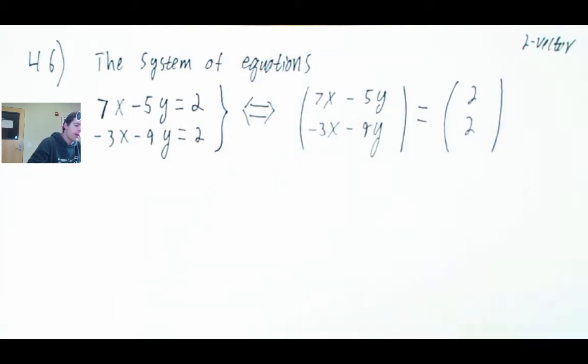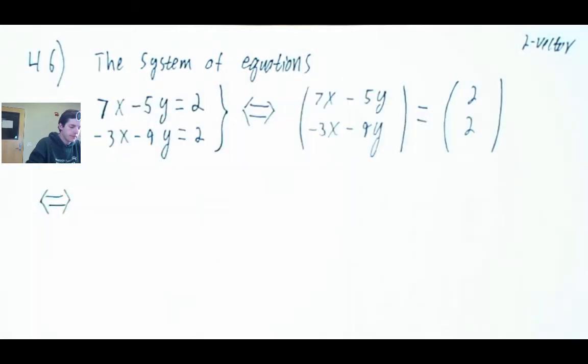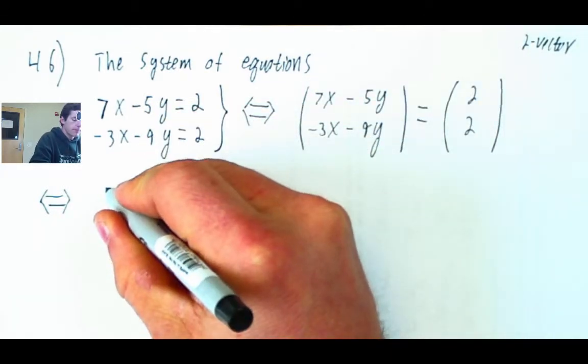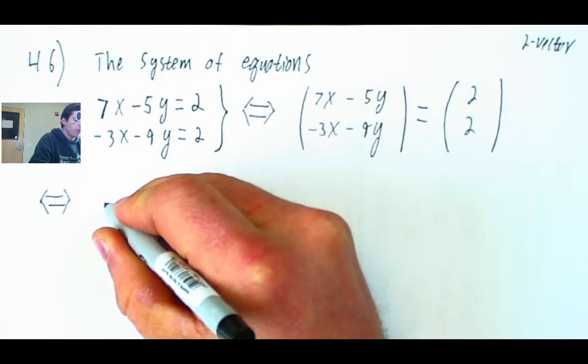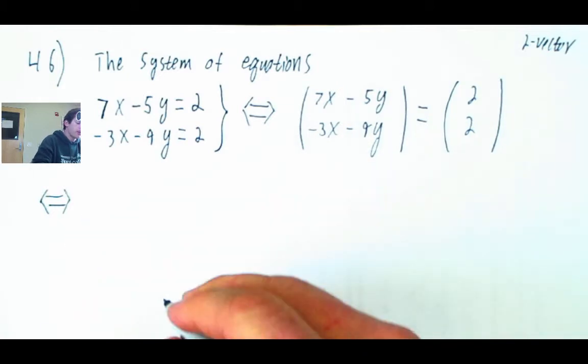Now, what I could also say is this is equivalent to the matrix equation, well, you know what I'll do? I'll slow down and I'll do things a little bit different.